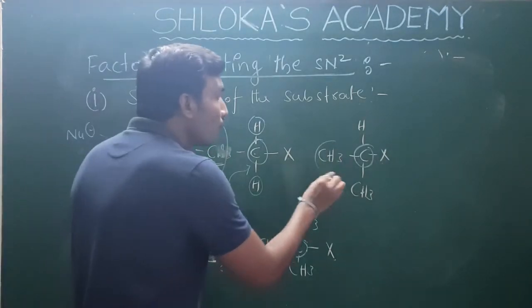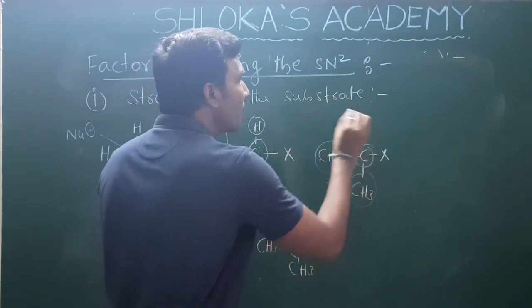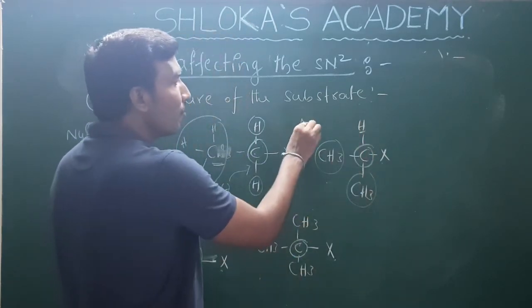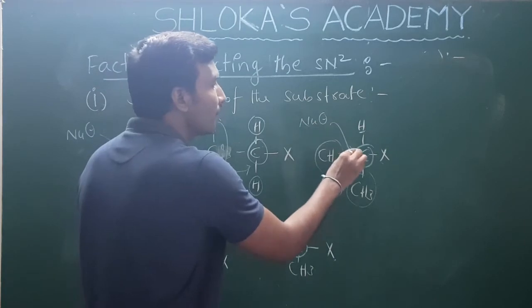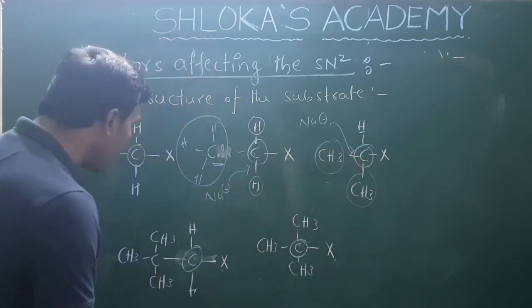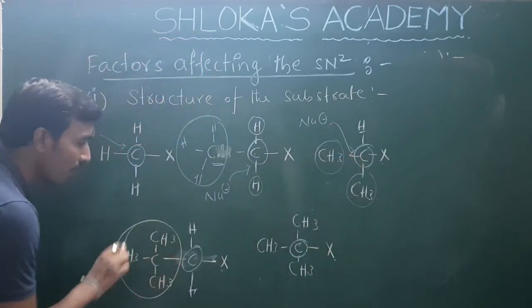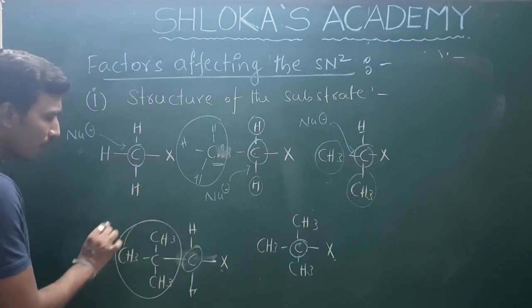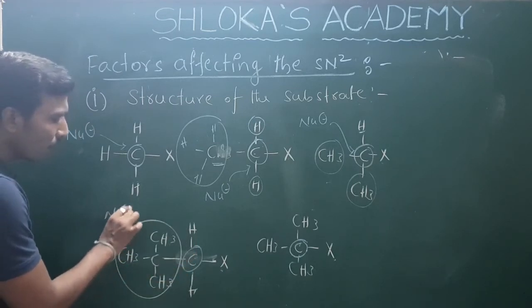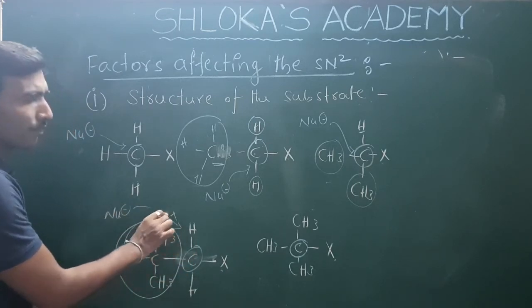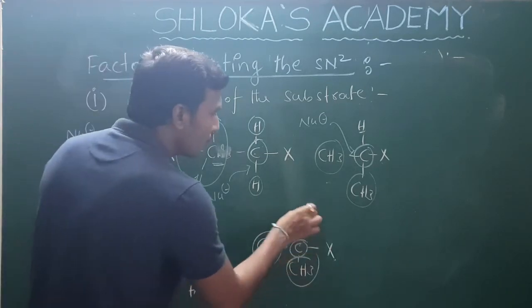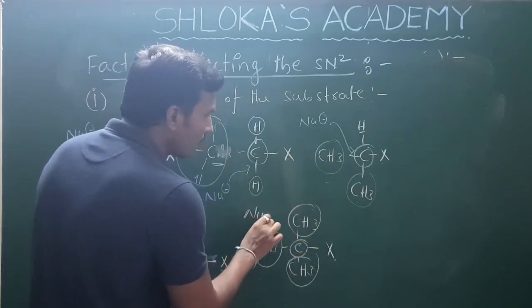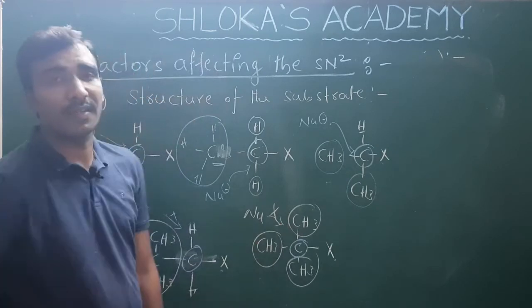And here we have 2 bulky groups and only 1 small one. Still, the nucleophile approach will become more difficult. And here this entire group is very bulky; the nucleophile almost cannot approach. And here also there are 3 bulky groups, so the nucleophile approach is very difficult.